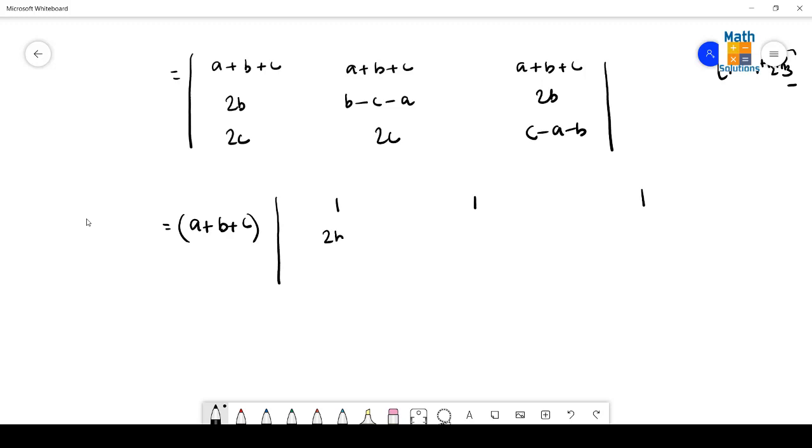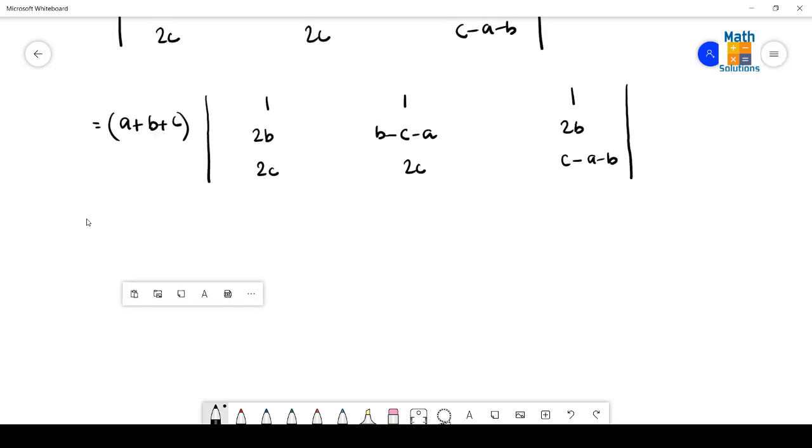Here twice B, then B minus C minus A. Here twice B, then twice C, then C minus A minus B.